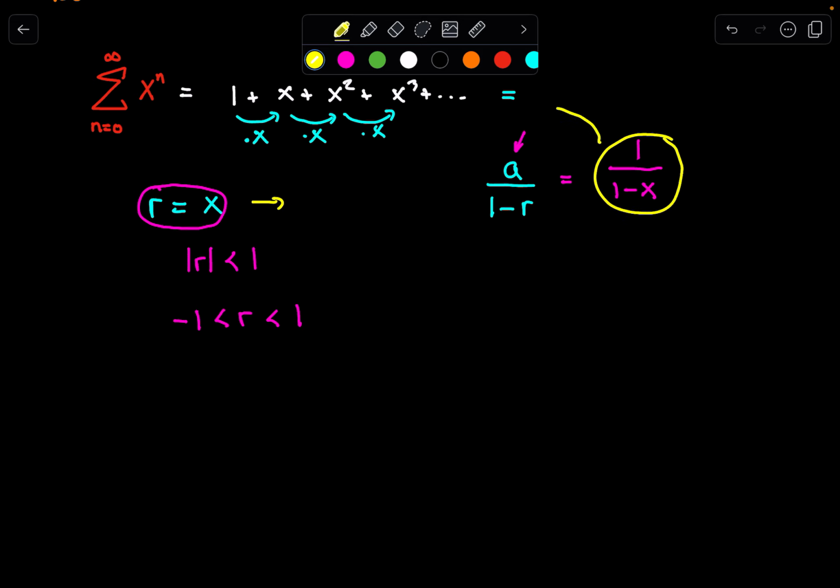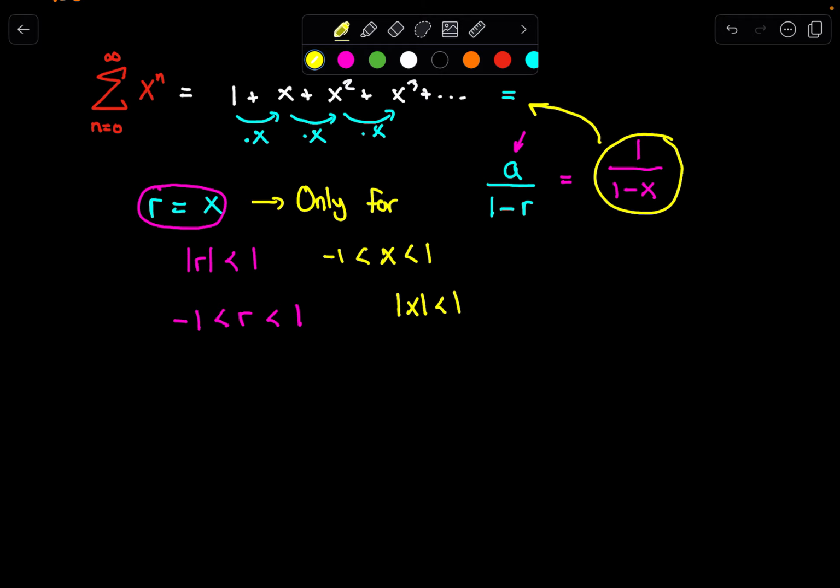We do add up to equal this function. This power series will add up to equal this function if, and only if, I'll say, will work only for values of x between -1 and 1, or you could say the absolute value of x less than 1.